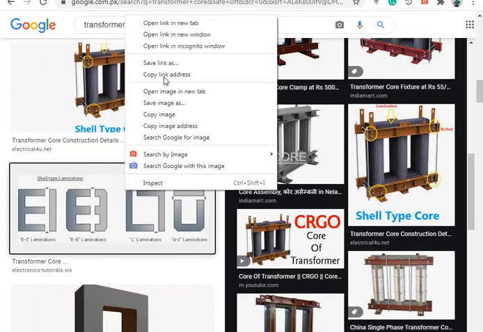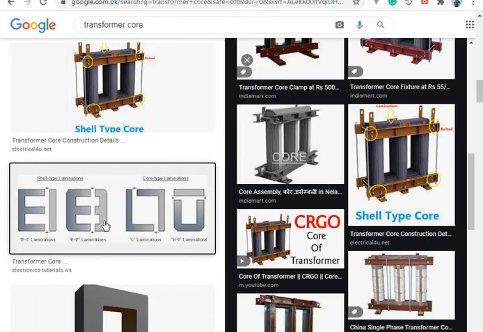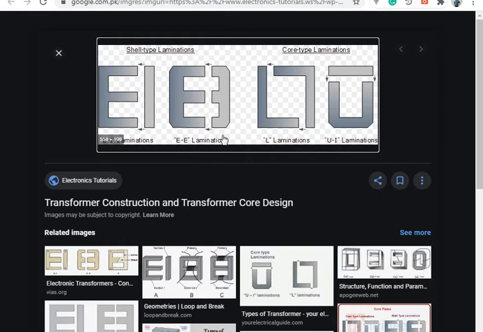If you are working on a very small transformer, then your laminations, the core, are not made circular. Normally you make them in shapes such as EI, EE, L or UI.